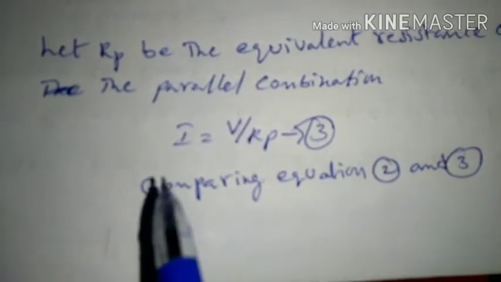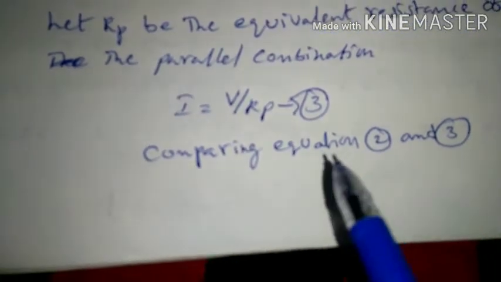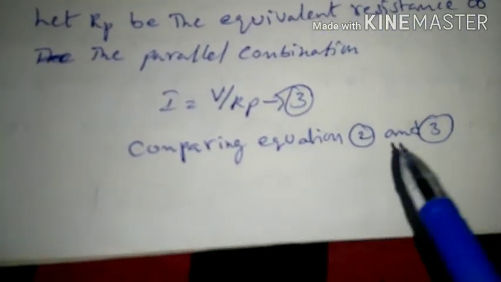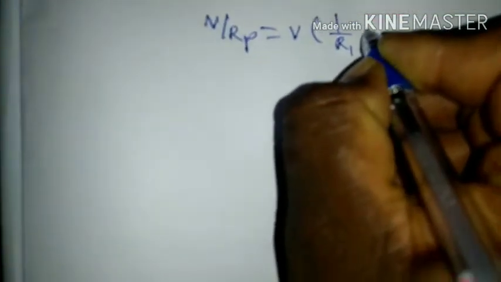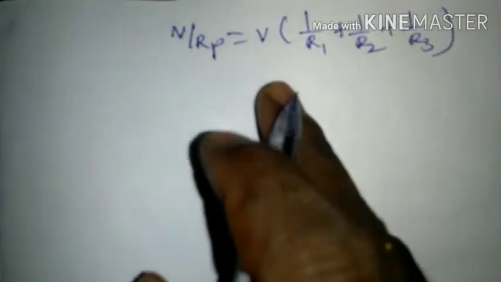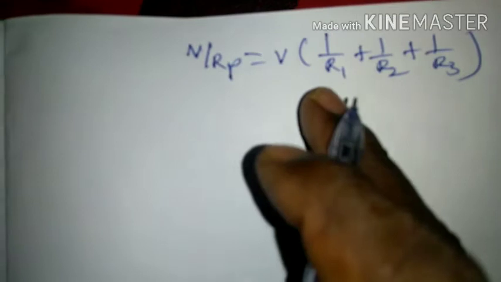So V by Rp is equal to V into 1 by R1 plus 1 by R2 plus 1 by R3.